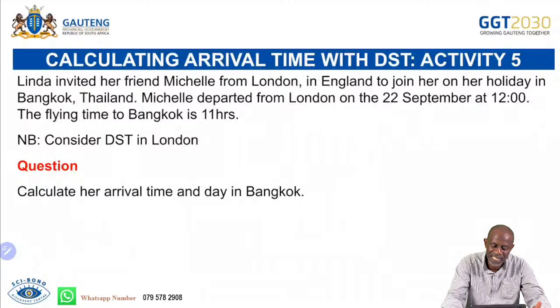Michelle departed London on the 22nd of September at 12:00. The flying time to Bangkok is 11 hours. Consider DST in London. Calculate her arrival time and day in Bangkok.